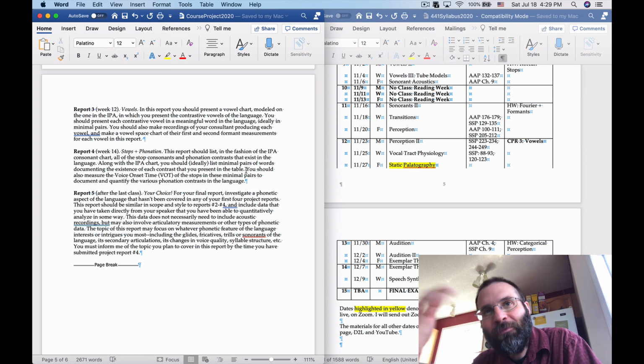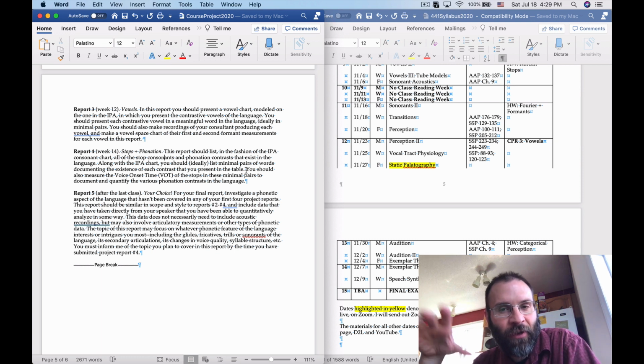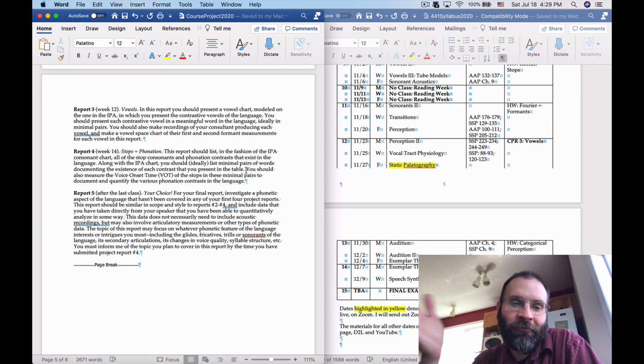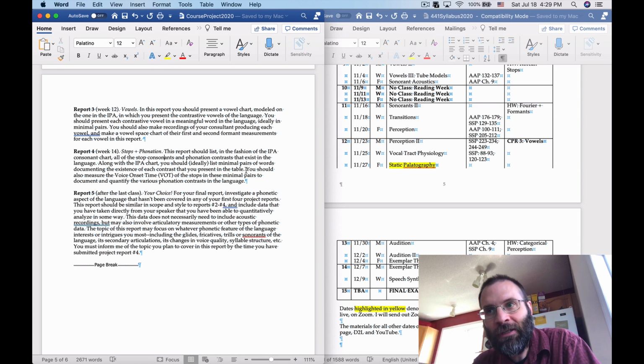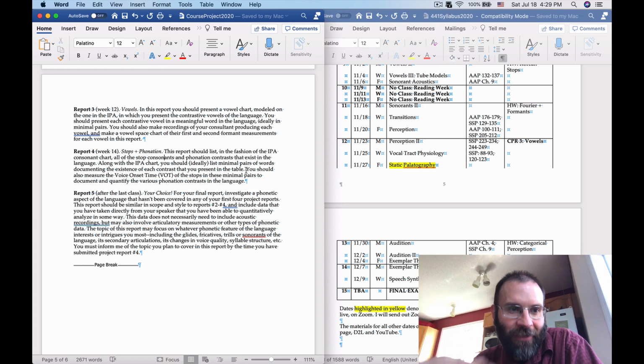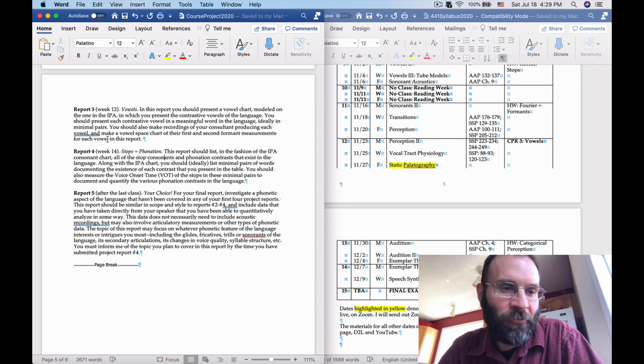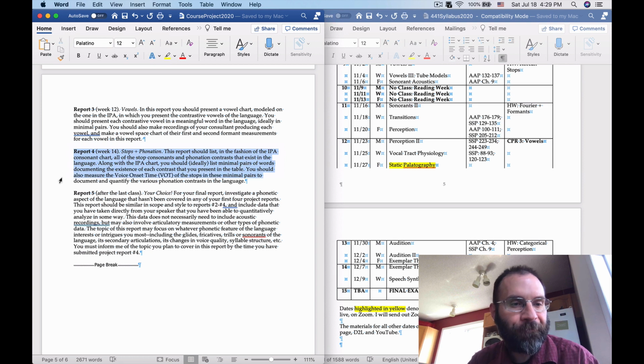And then put those words in a table with transcriptions of how they're pronounced in your consultant's language. Give me the English translations of each word. Record those words and then measure the amount of VOT for each stop at the beginning of each word: how much VOT is there in the P, how much VOT is there for T, K, and so forth. That's like the report for vowels, so hopefully it should be relatively easy once you get to this point.